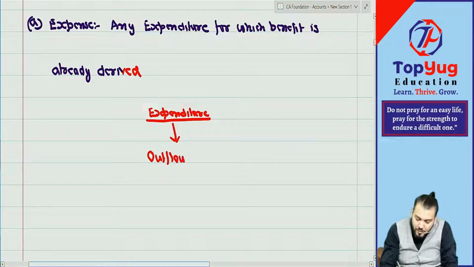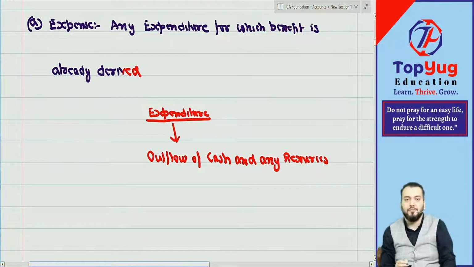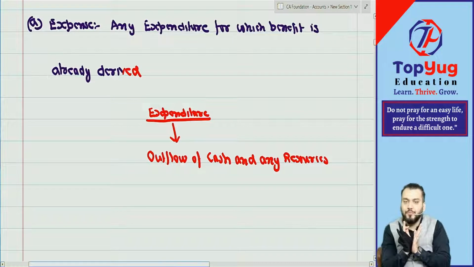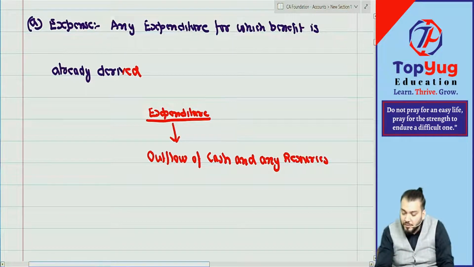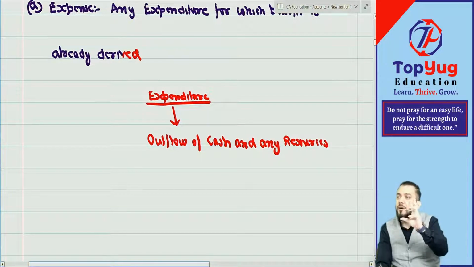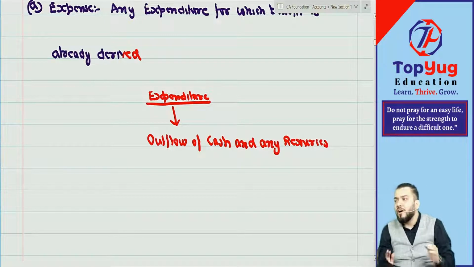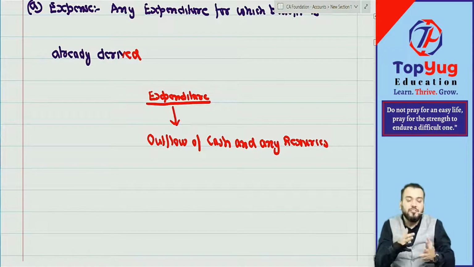Outflow of cash or any other asset or any resources, that is an expenditure. Are you getting what I am saying? Now my question to you all: why will you incur some expenditure?